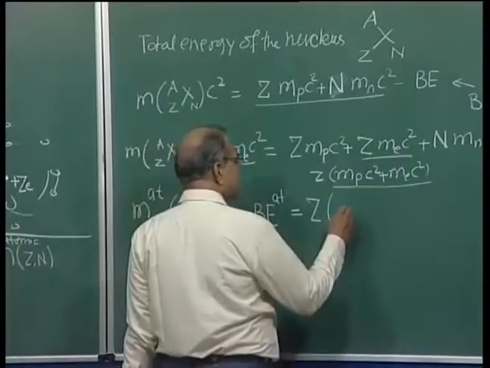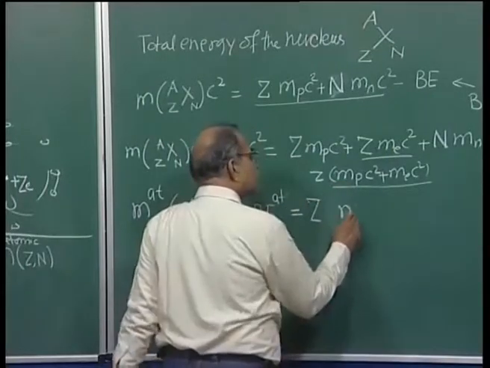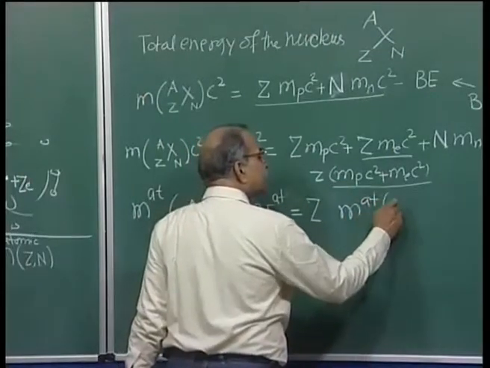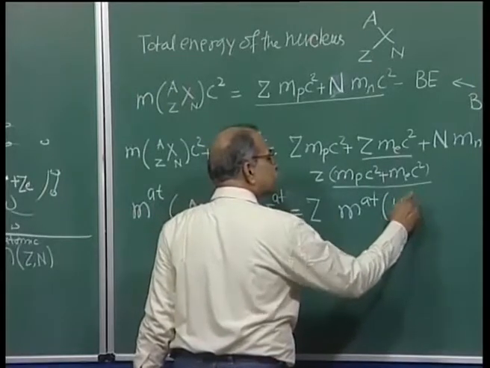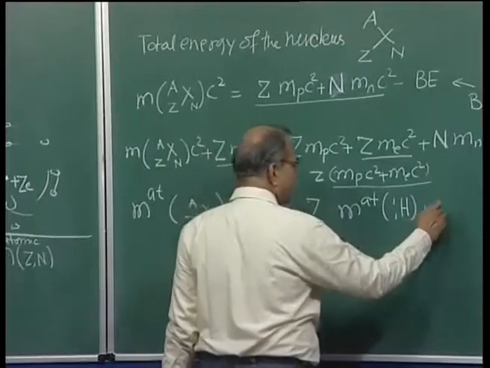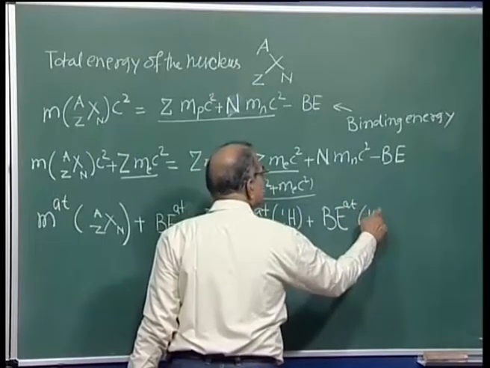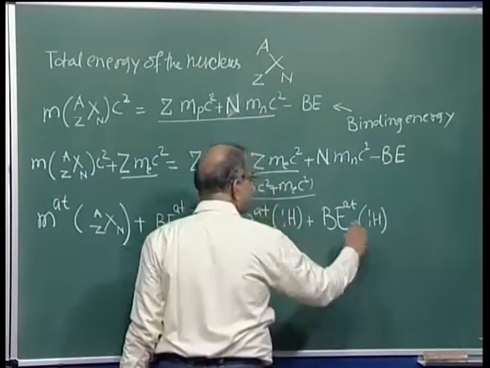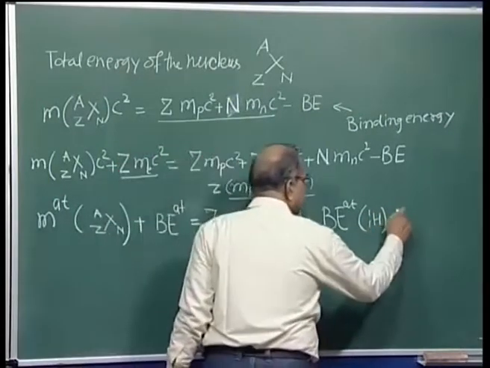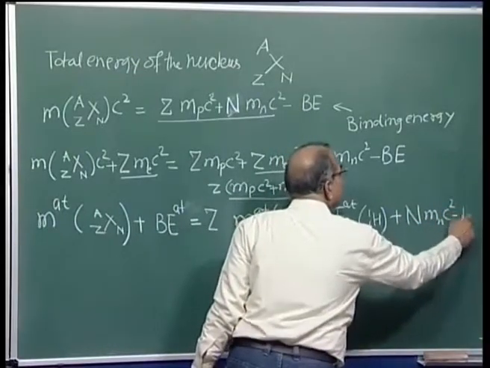So, this is the mass of the atom, which atom? Hydrogen atom, and plus binding energy atomic of what? Hydrogen, 13.6 eV, correct, plus N times MnC square and minus binding energy.